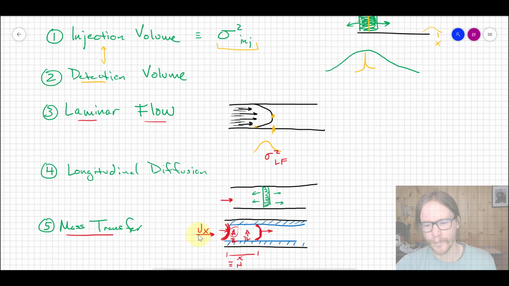And so what you end up with is a plug that keeps getting wider and wider as you go further and further, just because of the time it takes for A to come back out of whatever stationary phase it's bound to. So that's the mass transfer contribution to broadening in this case.